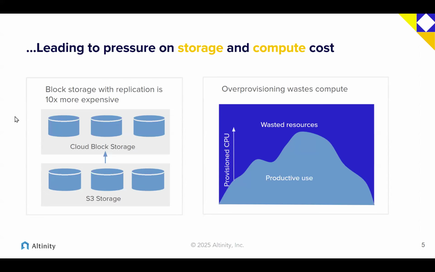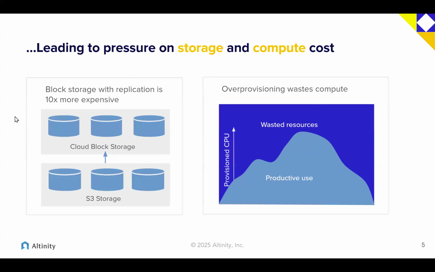The second is that ClickHouse has a nice model for operation in the sense that there's a single binary that you run that does everything. It does inserts, it does merges, it does mutations, it does queries, of course. But the thing is that these are all running inside a single cluster.